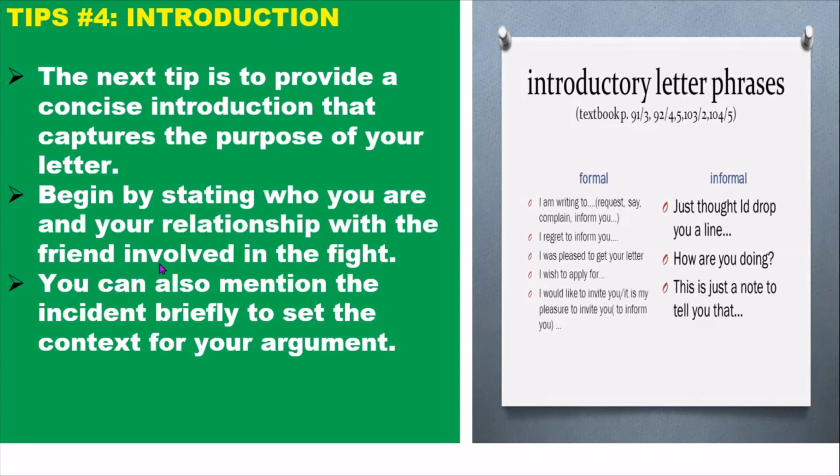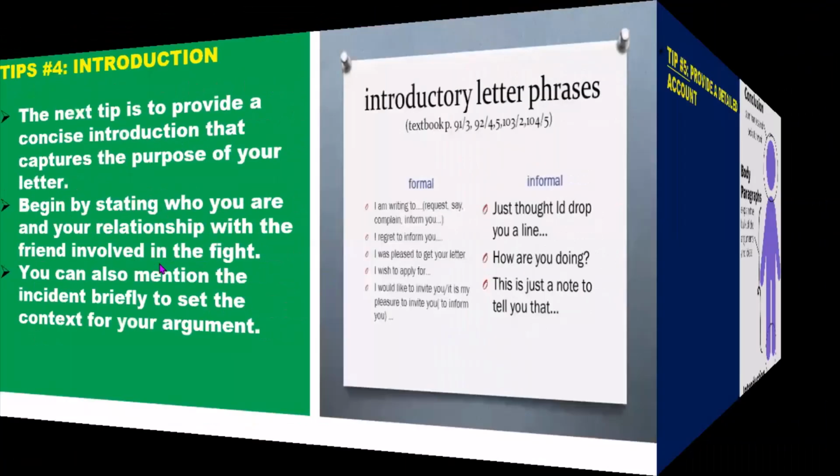Of course, you will write your name eventually, but it's important that you go straight to the point because this is a formal letter, okay? So you can also mention the incident briefly to set the context for your argument. Since it is about the fight, then your letter should begin with it right away.